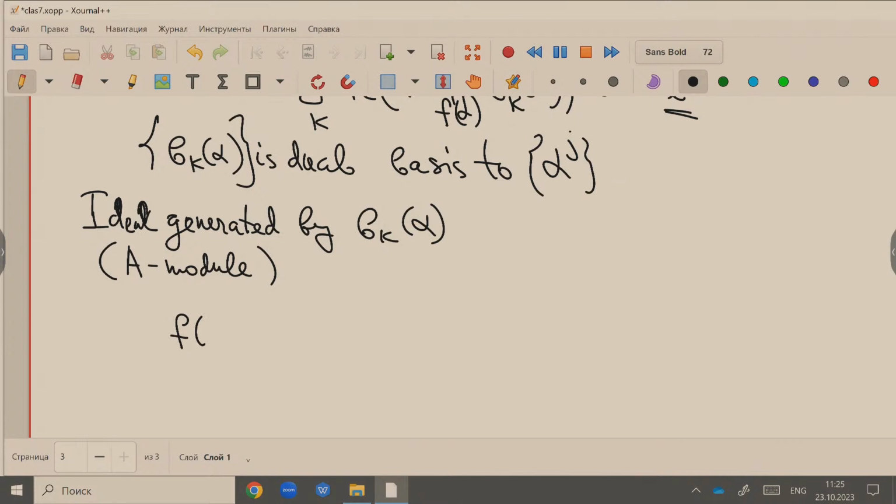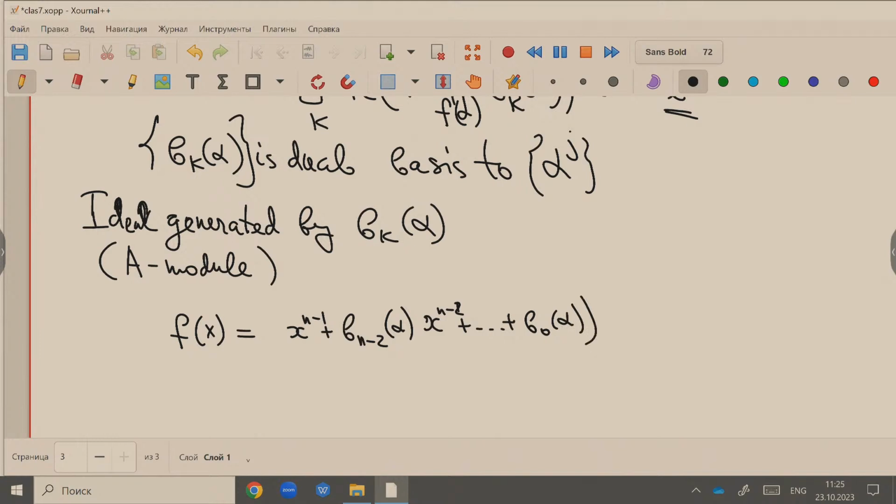So f of x, yeah, you just want to write it down. So this is a polynomial x^(n-1) plus beta_(n-2) of alpha x^(n-2), etc., plus beta_0 of alpha.